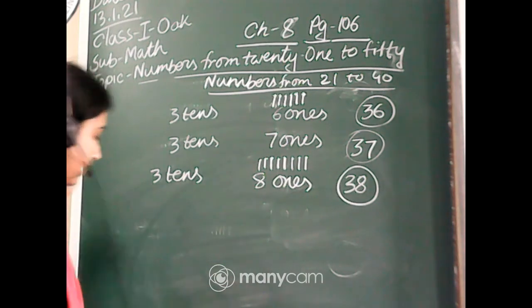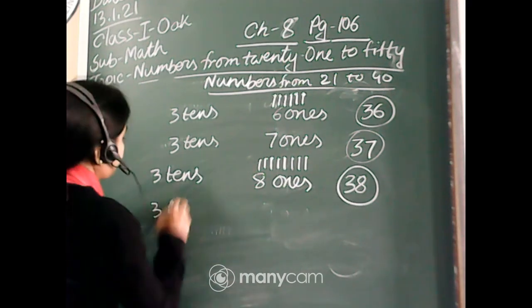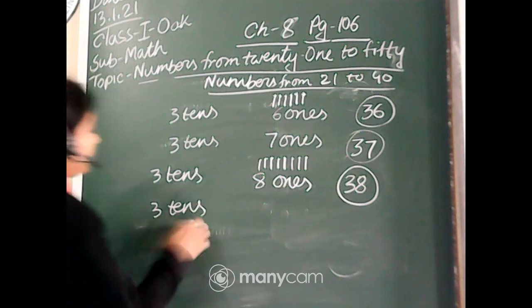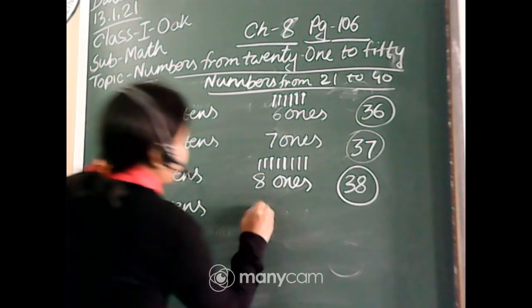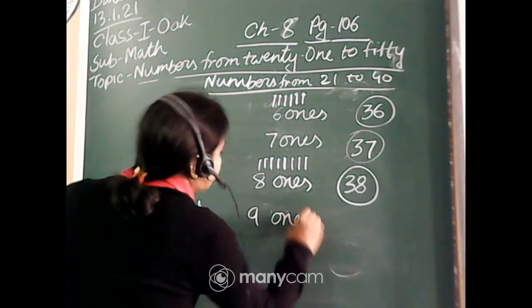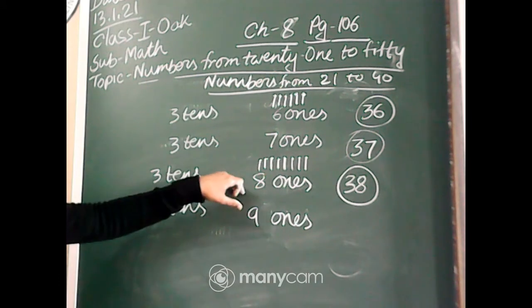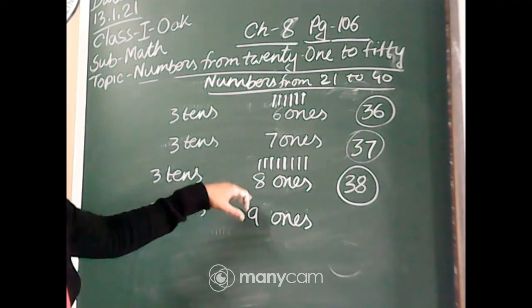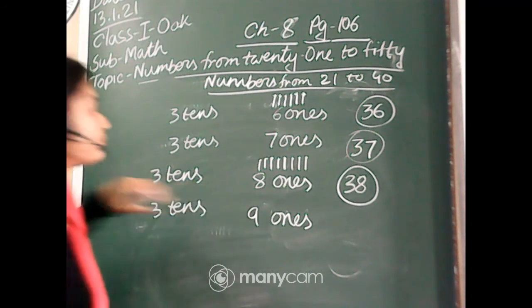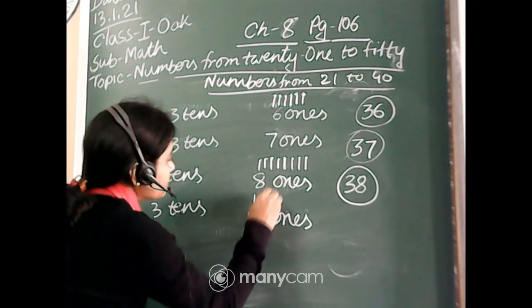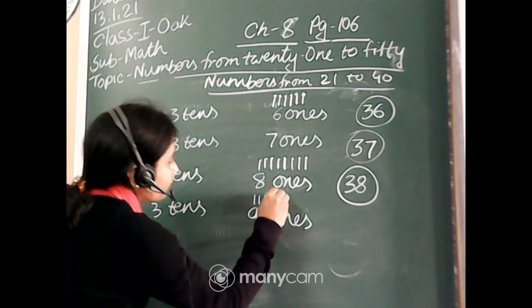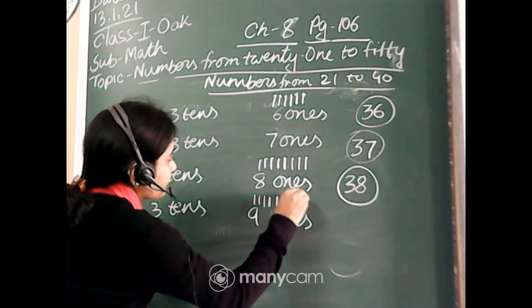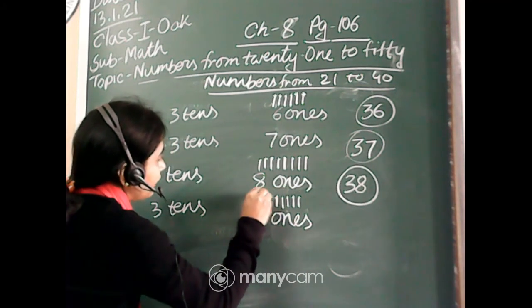And the next one is 3 tens, 3 bundles of tens, draw the 9 ones. In the 9 ones, no matchstick. How many matchsticks do you have to draw in the ones room? 3 tens and 9 ones. You have to draw 9 matchsticks in the ones room. 1, 2, 3, 4, 5, 6, 7, 8, 9. 3 tens and 9 ones.